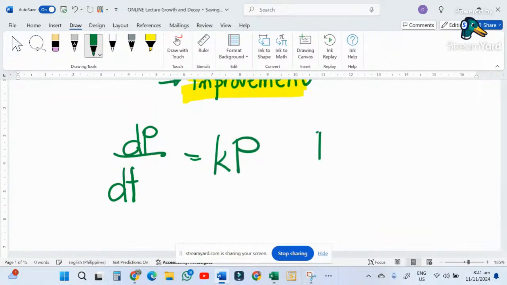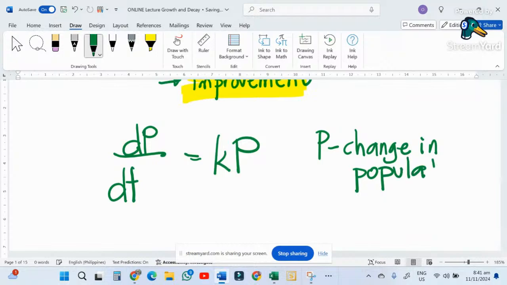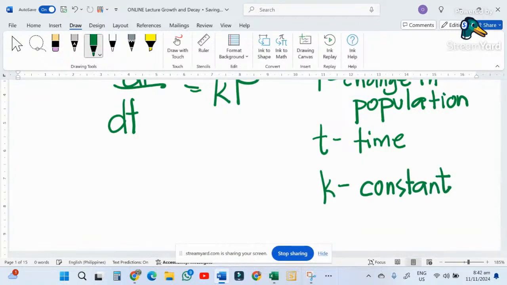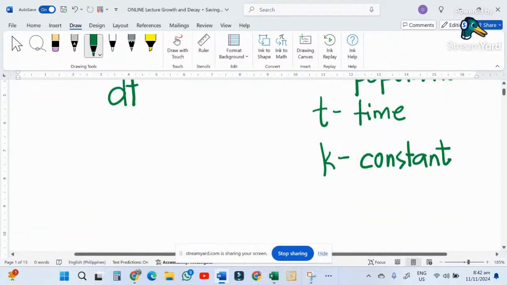P is the change in population, because normally we are trying to analyze improvement of population, or if it's about the improvement of, say, the appearance of a person, for time elapsed t, so this is the change in time. The k would be the constant of development, constant of growth, or constant of change for a particular year.